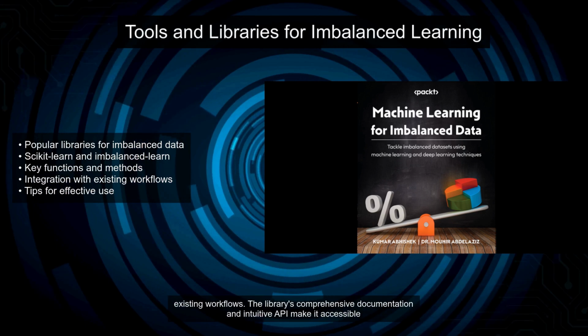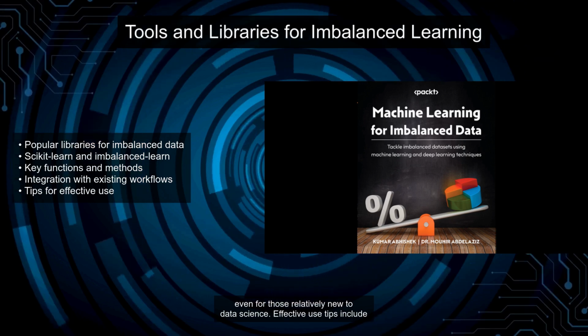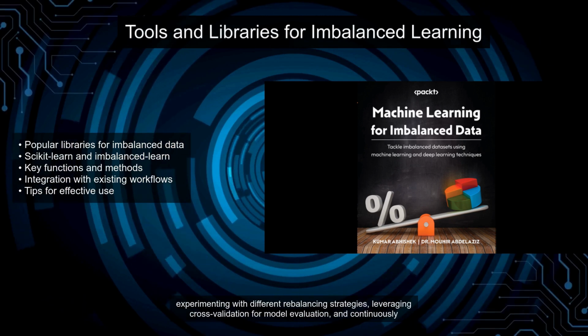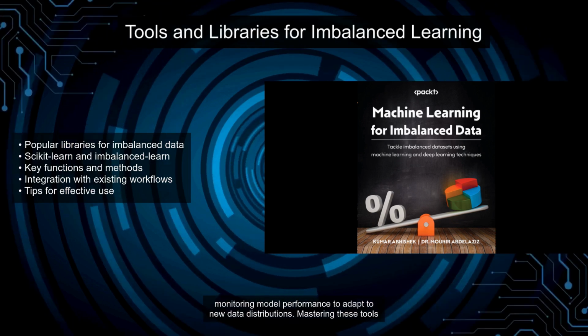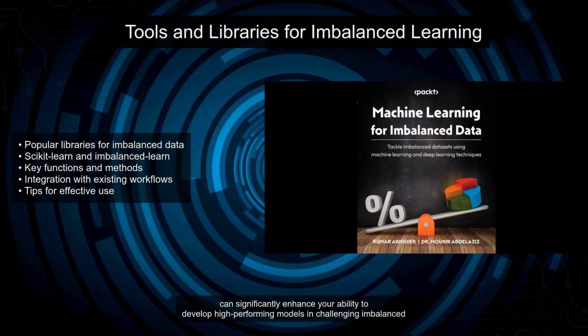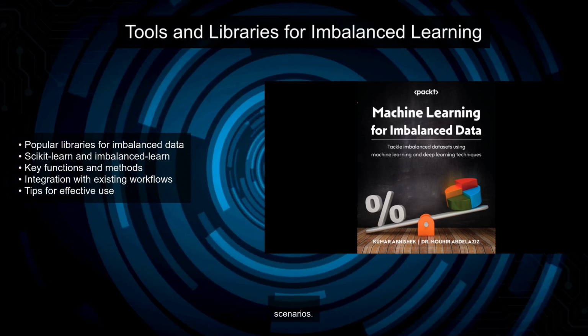The library's comprehensive documentation and intuitive API make it accessible even for those relatively new to data science. Effective use tips include experimenting with different rebalancing strategies, leveraging cross-validation for model evaluation, and continuously monitoring model performance to adapt to new data distributions. Mastering these tools can significantly enhance your ability to develop high-performing models in challenging imbalanced scenarios.